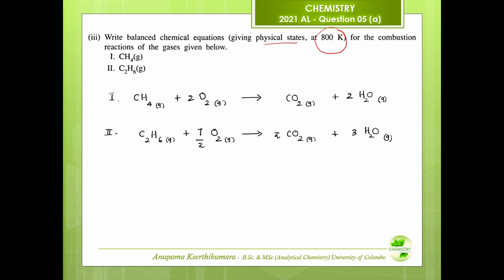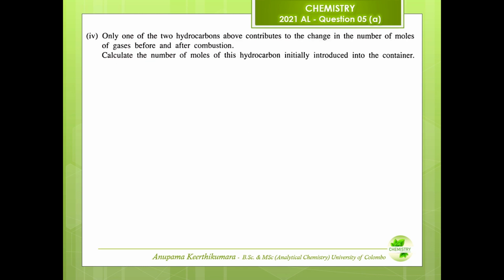Therefore, it's better if you can remove these fractions. So you can see, if you multiply the whole equation by 2, you can get rid of this fraction. Therefore, we will multiply the second equation by 2. You will get 2 C2H6 gas, 7 O2 gas, 4 CO2 gas, 6 H2O gas. This is the answer for question number 3.